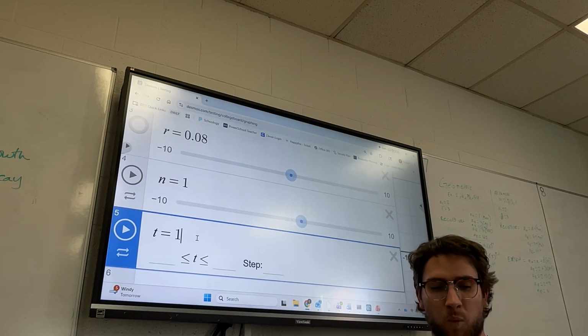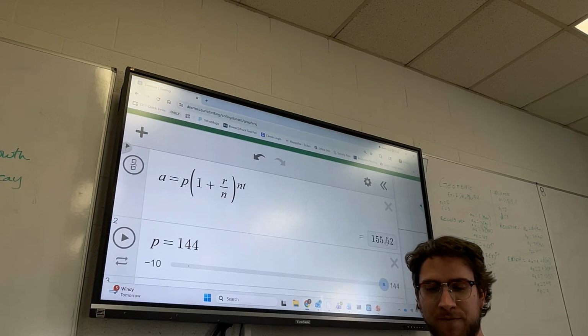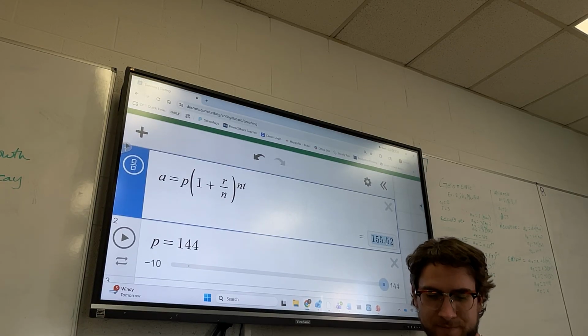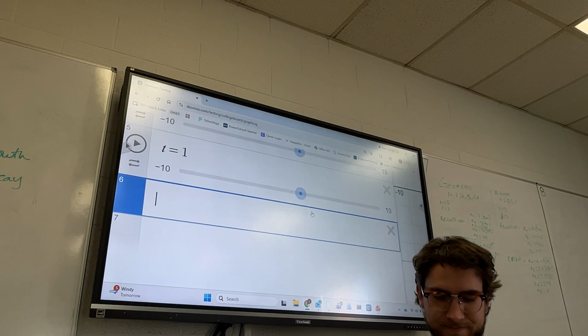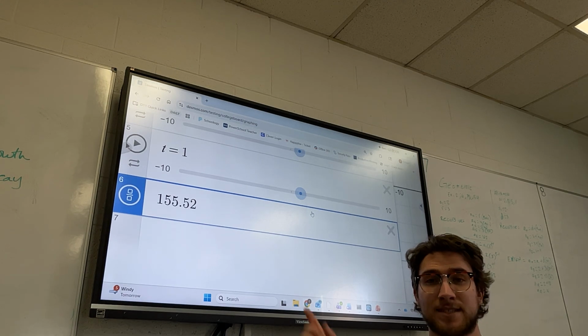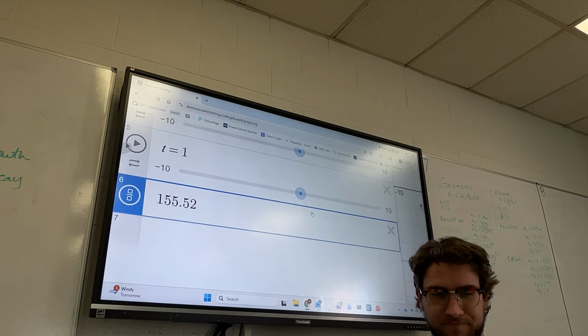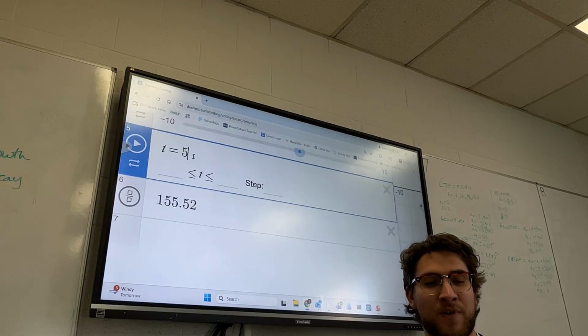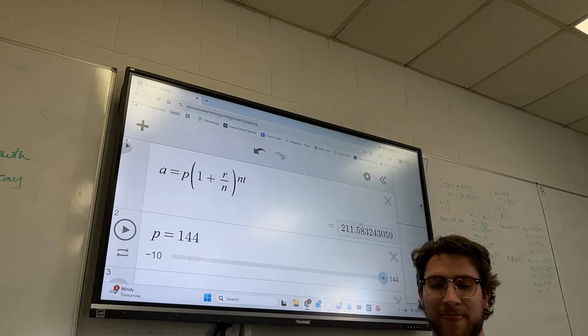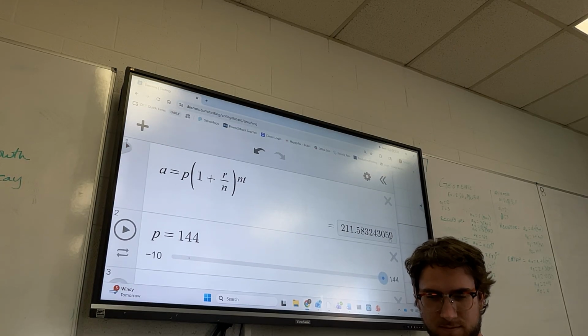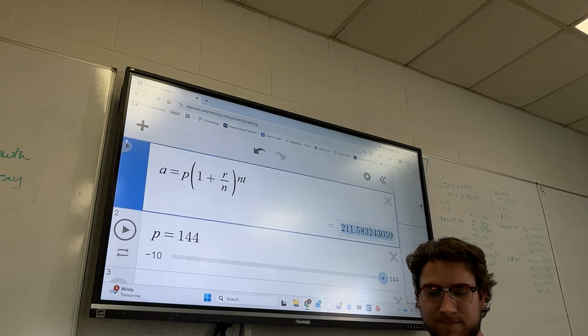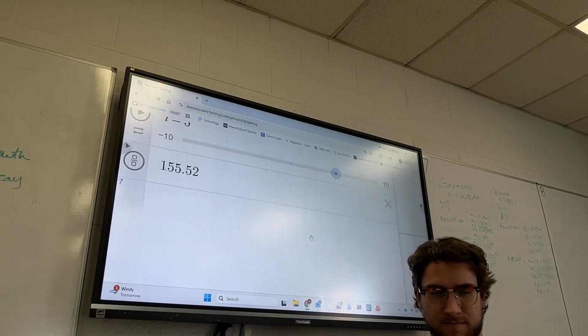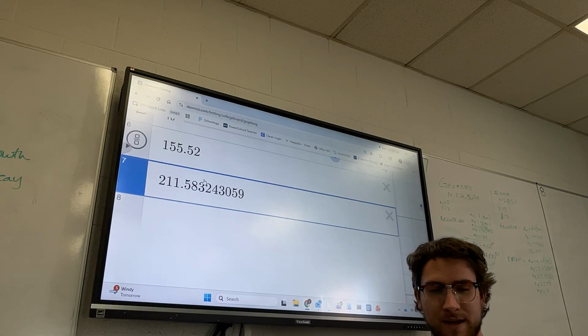First, when our time is 1, we're going to get 155. Copy and paste this. This is our year 1. At year 5, we get this amount. That is on our row 7.